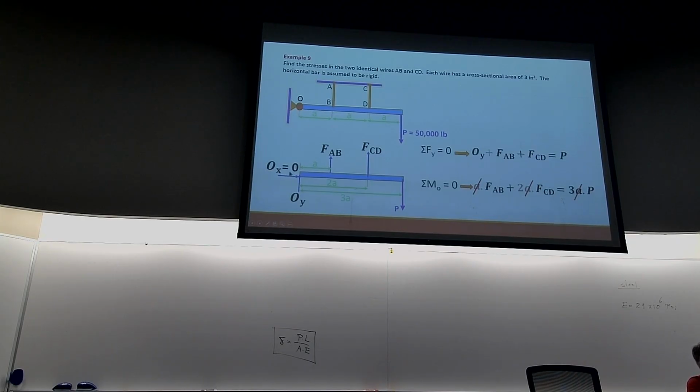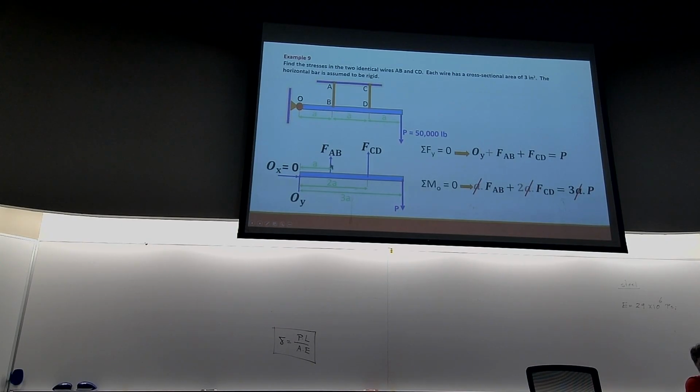And this is a pin assumed to be frictionless. There is no force in the horizontal direction because there are no other forces in the horizontal direction, so this must be zero. But there will be a vertical reaction at pin O. I've called that OY. Here's the summation of forces in the vertical direction, meaning OY plus FAB plus FCD must be equal to the downward force P. And this is a moment balance about point O, force times distance.